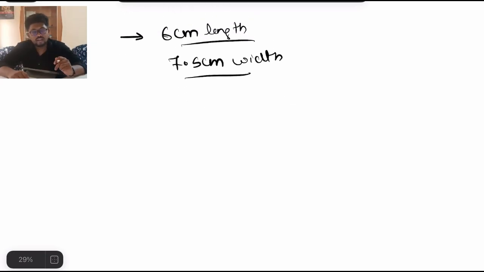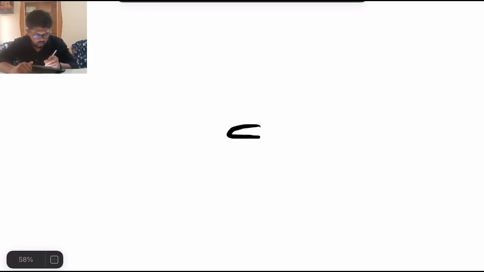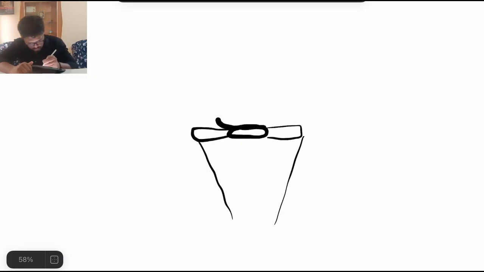Now we'll see where the cecum is located. So for that I am making the pelvic girdle. Now I am drawing the sacrum, which will articulate with the lumbar vertebra.